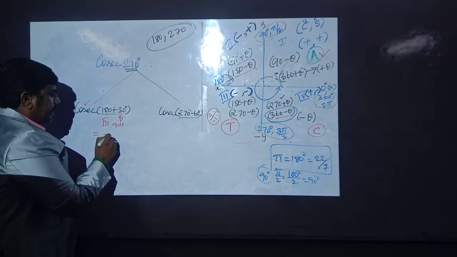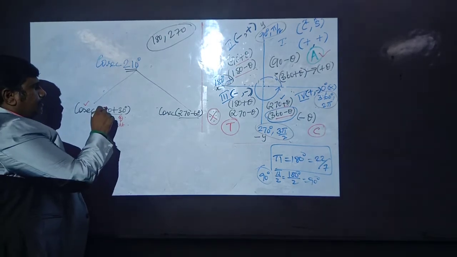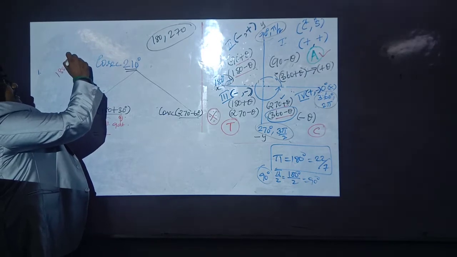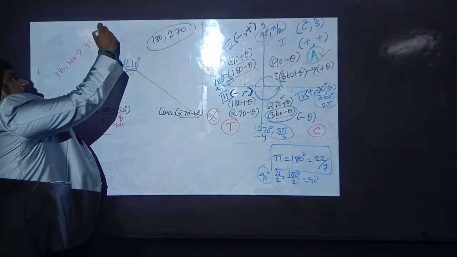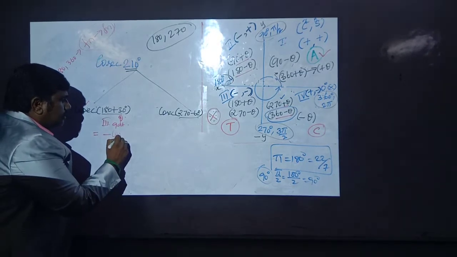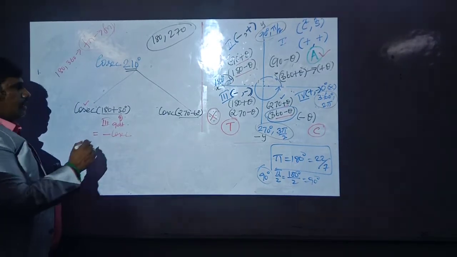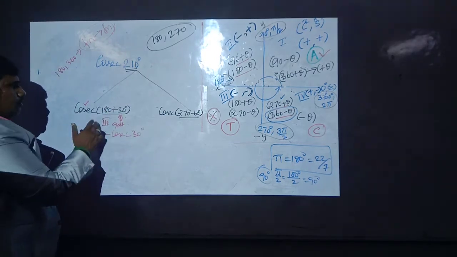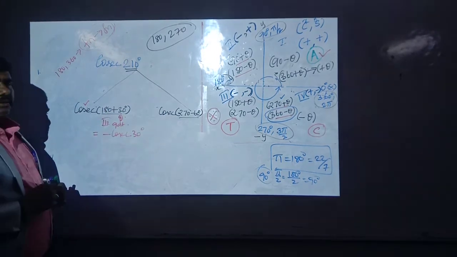So I just write negative. Then, when 180 comes, the function remains the same. For 180 and 360, the function will be the same, right? So what we can write is cosecant of the angle, that is 30 degrees. So this is equal to minus cosecant 30 degrees.